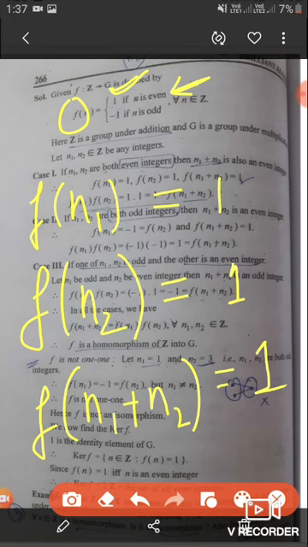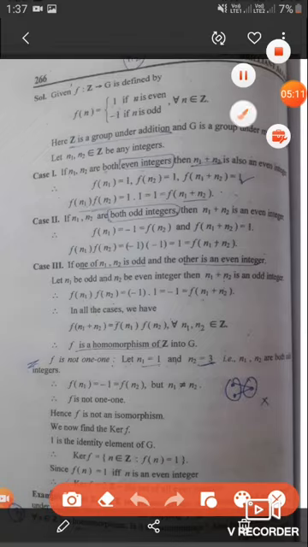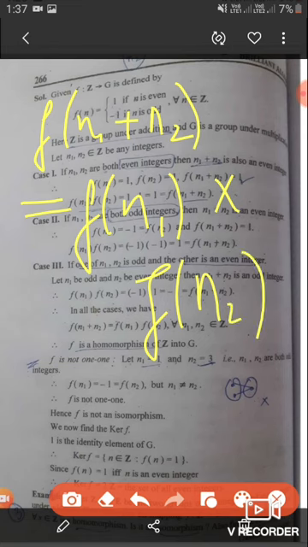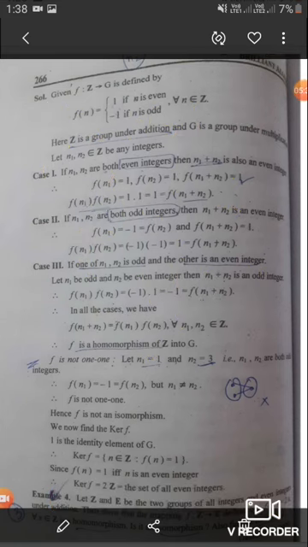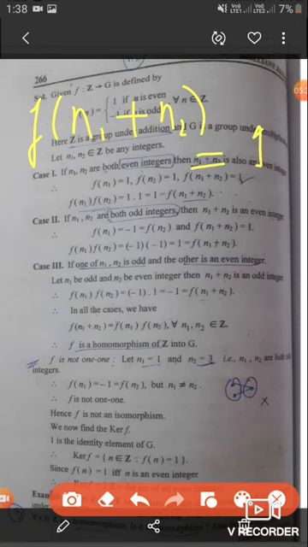Fine. Now to prove it is a homomorphism, we have to show that f of n1 plus n2 is equal to f of n1 into f of n2, right? Now f of n1 plus n2 we know is equal to 1.